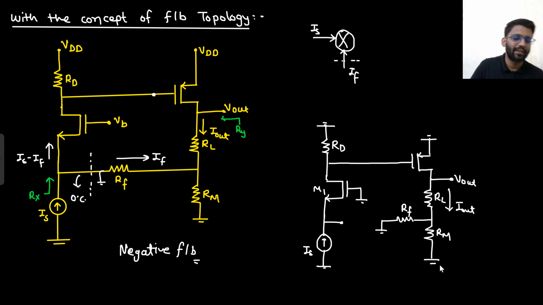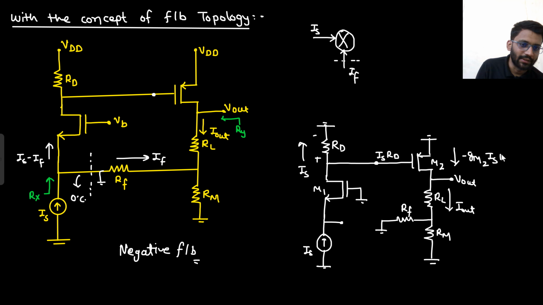What is your target? Your target is to find I out by IS. IS current is flowing in this direction, so it will give you a drop of IS RD. This is your M2. So what will be the current downward? The current downward would be minus GM2 IS into RD, and that is equal to I out.